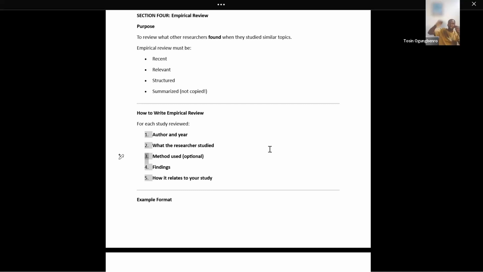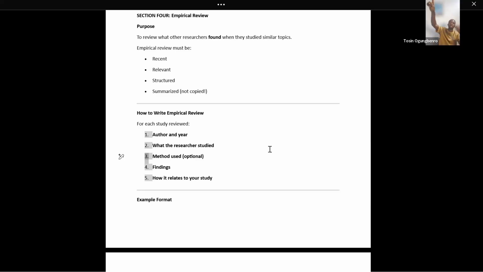Chronology means in order of years. You can organize it from recent years to later years or from later years to recent years. However you want to organize it, you must ensure that it is in a particular order.